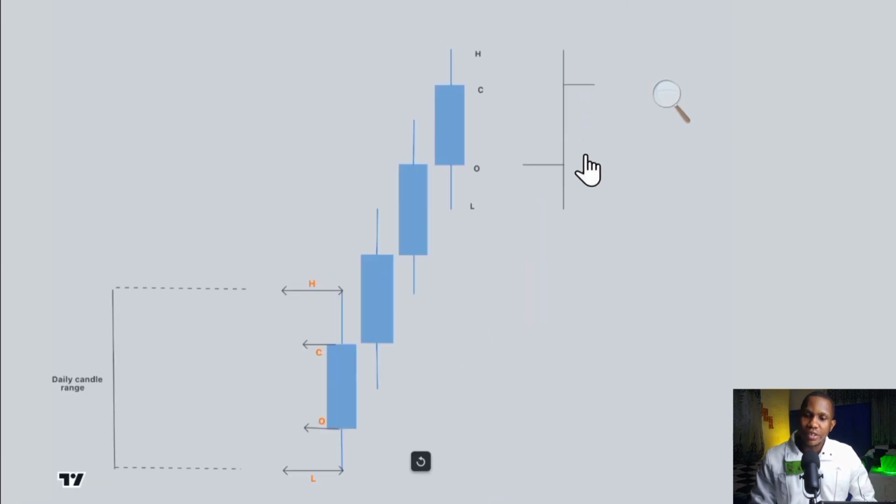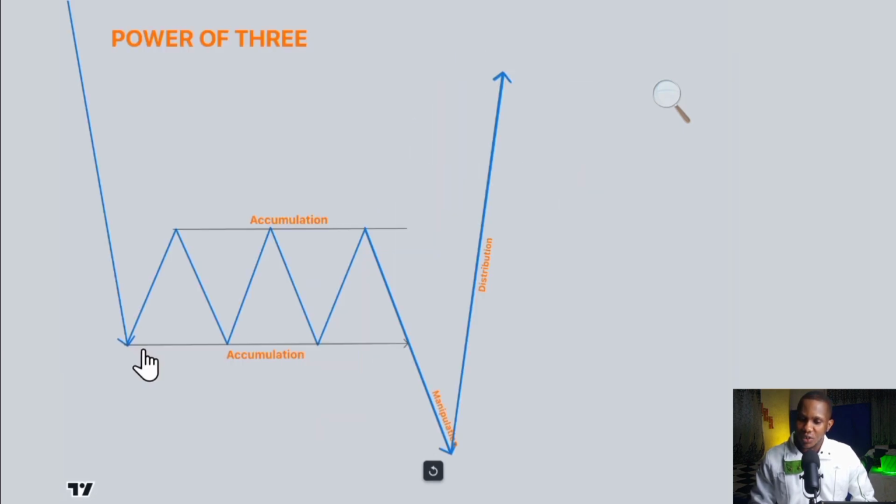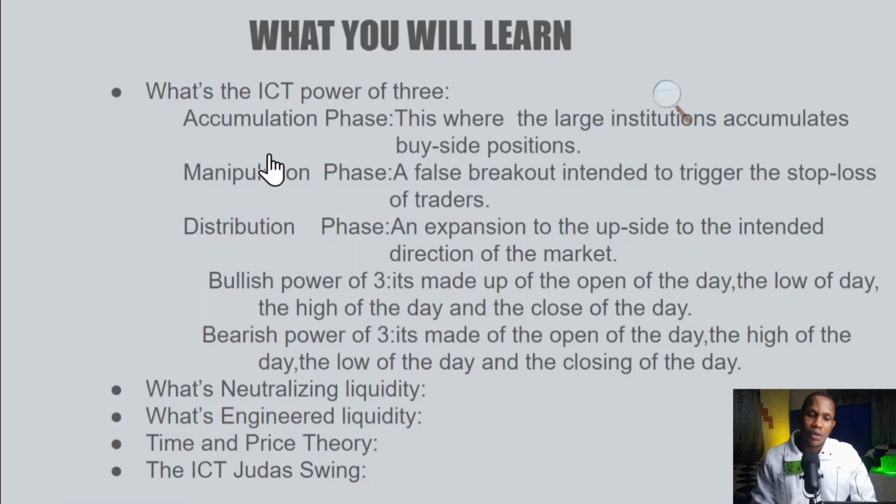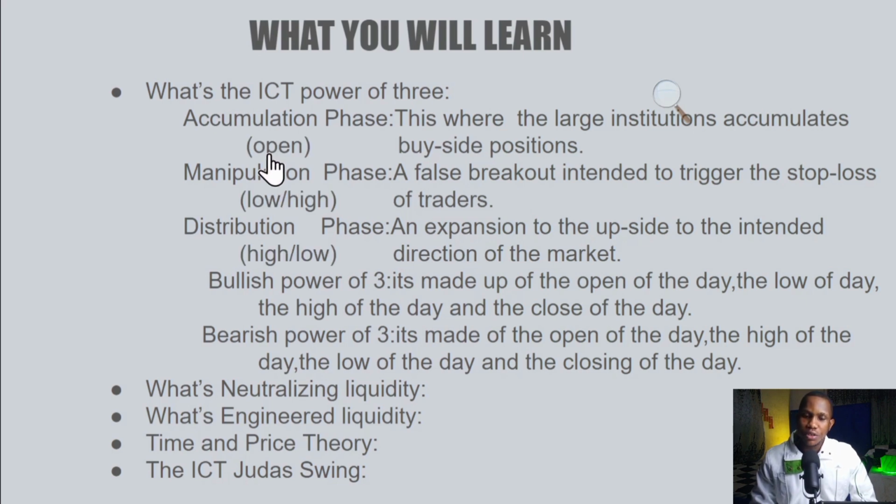So guys, in this daily time frame, we have open, low, high, close. If you go to the lower time frame, like probably 15 minutes or 5 minutes, this is what you see: an open, accumulation, a manipulation, you enter, and a distribution. Can you see now that our opening of the day will give us our accumulation phase.